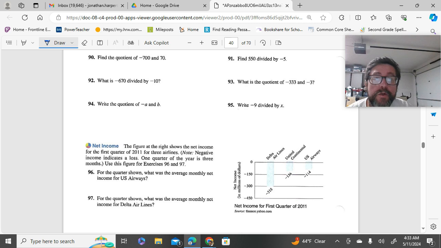Find the quotient of negative 700 and positive 70. Well, you're dealing with a negative and a positive, which is going to be a negative. And you're dividing it by 70, which I think would be negative 10, because you'd be tacking one more 0 onto 70, and it would be negative.